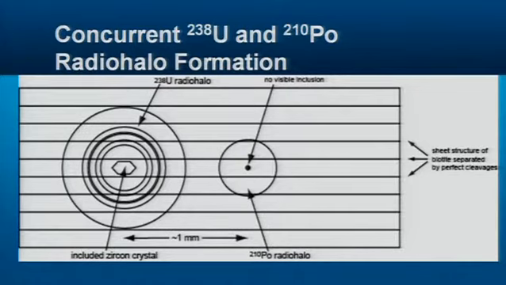The zircon crystal is sitting there. And because we can see the polonium radiohalo in exactly the same microscope section, it means the centre of the polonium radiohalo is also between the same two biotite sheets as the zircon crystal.